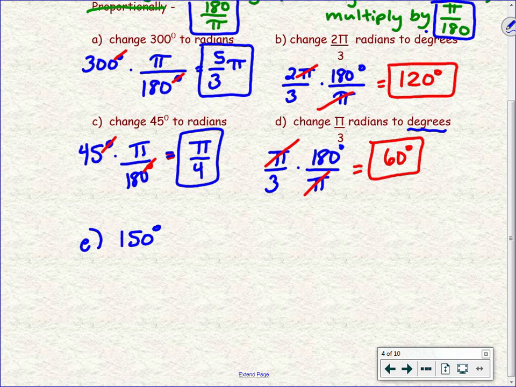So take a minute and try that one. Your final answer you should have got is 5/6 pi.